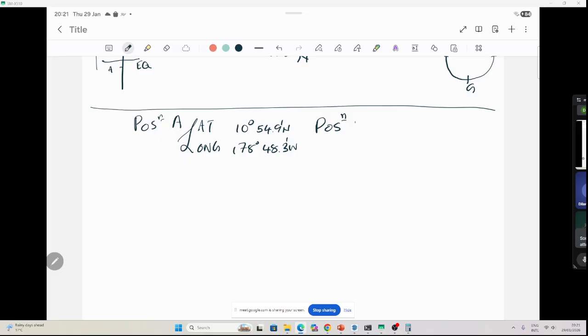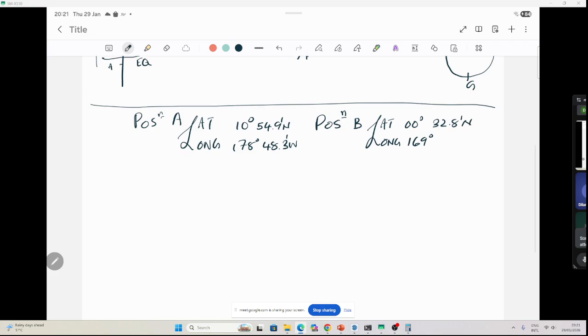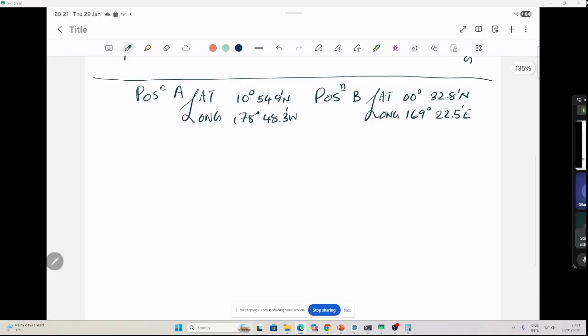So position B, lat and long, 0, 0 degrees 32.8 minutes north, longitude 169 degrees 22.5 minutes east. So let's do the sum. Some more guys are joining. Okay. So let's do the sum. You can see what I'm writing, right?